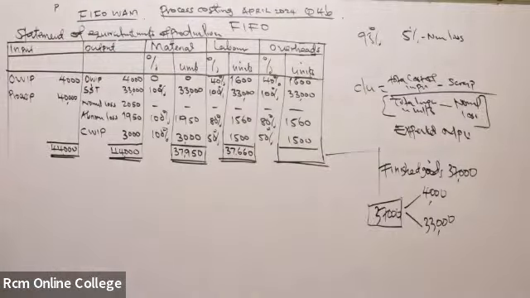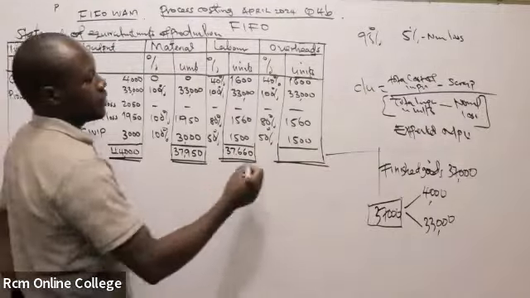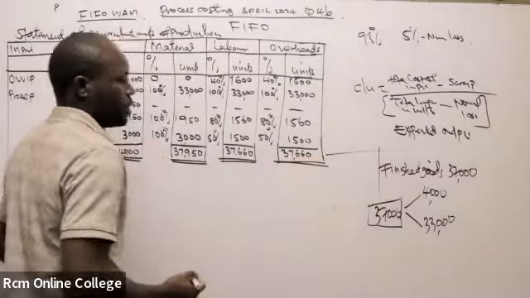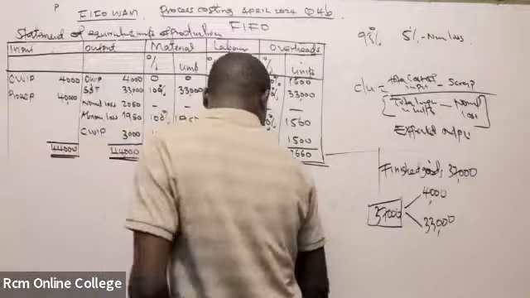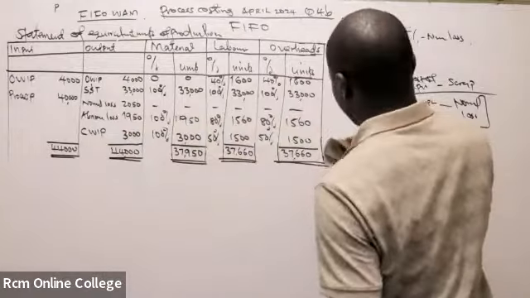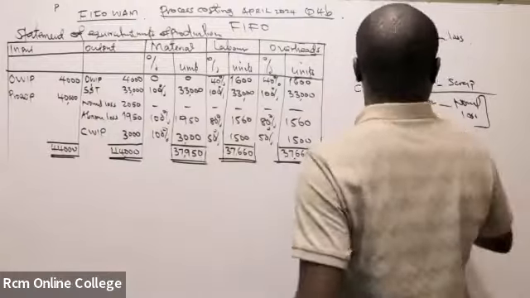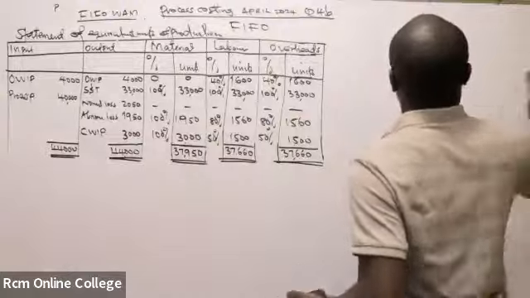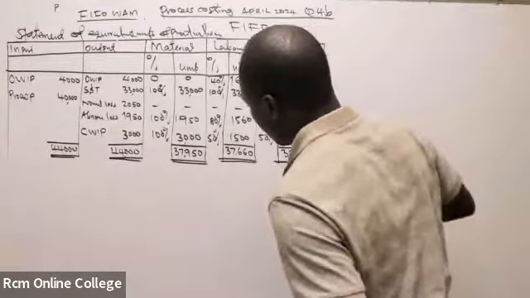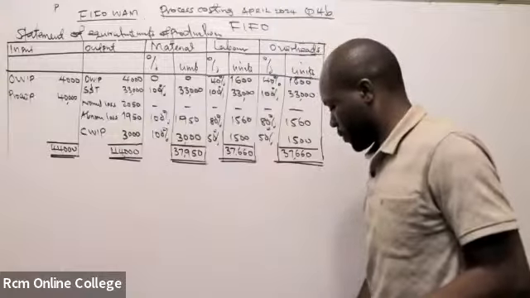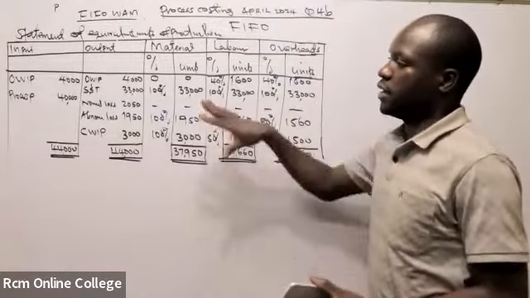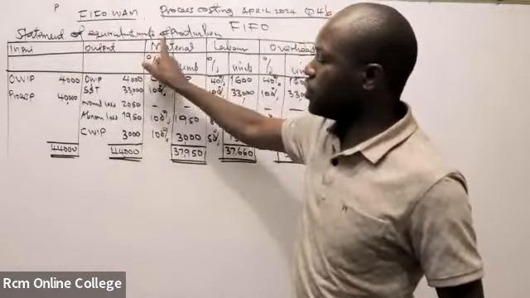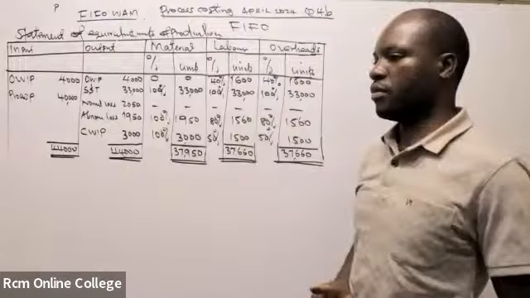Overheads, 37,660. Can someone confirm that what has been given here is actually correct? Perfect. That is a complete statement of equivalent units of production.